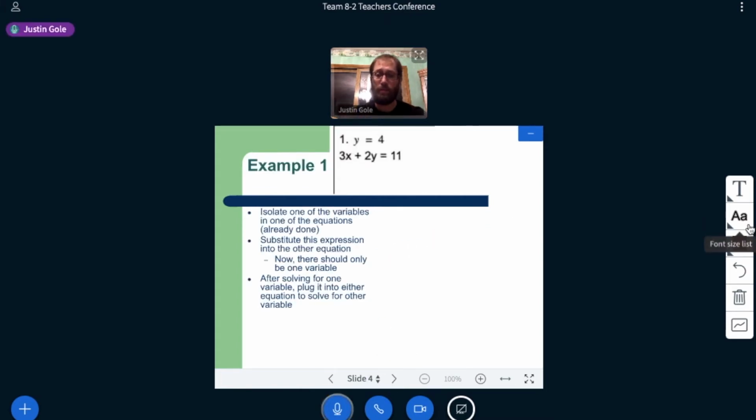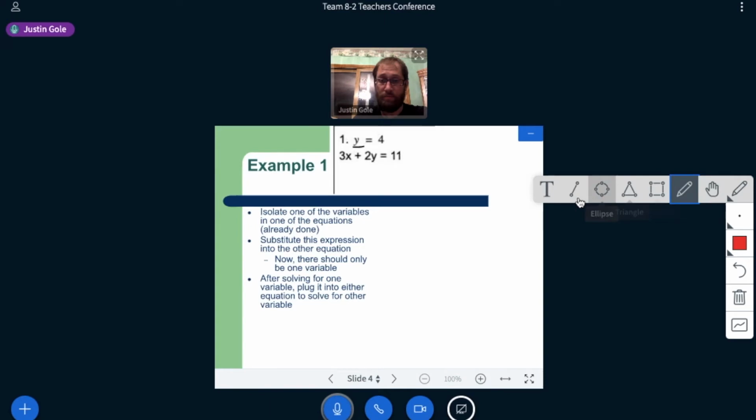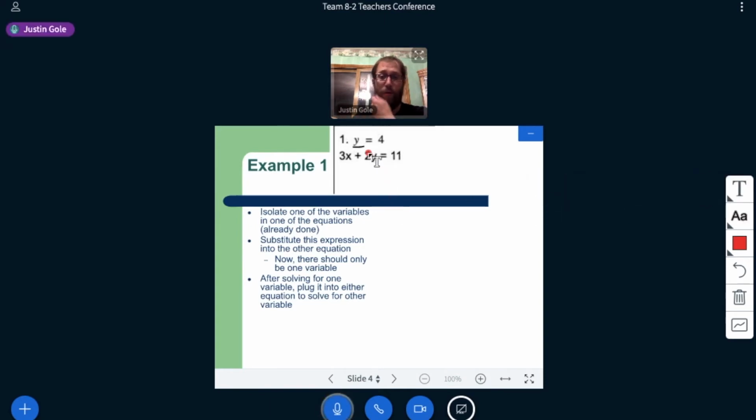So on the homework, there's three different things. I want you guys to follow along with the homework assignment while you're doing this. Do this on just some scrap paper. So for this, let's look at y is already isolated in our first equation. Now we're going to substitute the expression y equals 4.